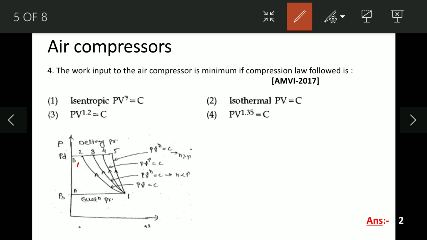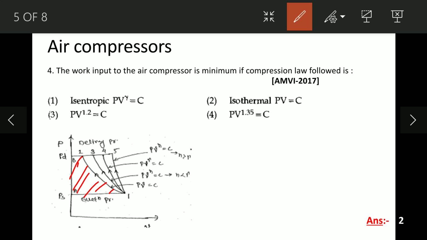Now if you see for a flow process, the area on PV plane, area to the left side of the process on a PV plane indicates the work done. Now here the left side area of process 1 to 2 indicates the work done. And if area is minimum, work done for the compression process will be minimum.